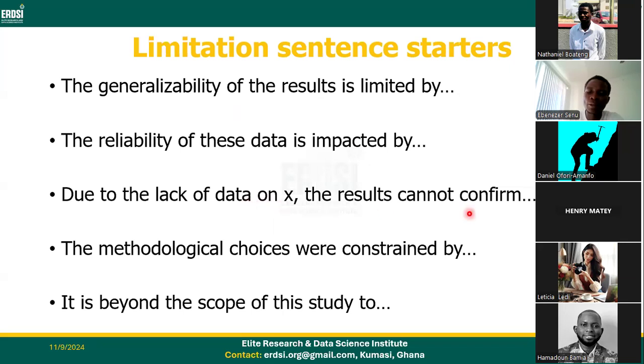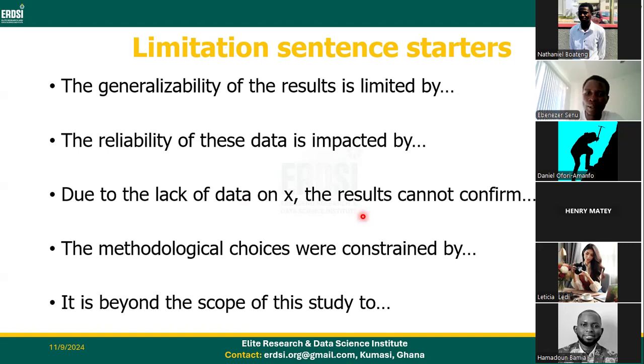It's just stating some of the limitations, some of the things that could affect your work. It doesn't mean that you are totally disqualifying your work. You are just stating it in a nice way that, oh, this is a possibility which could influence the results. But it doesn't mean that your work is irrelevant.